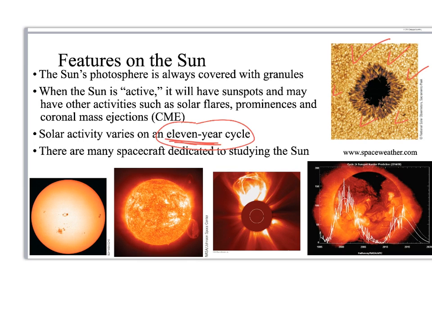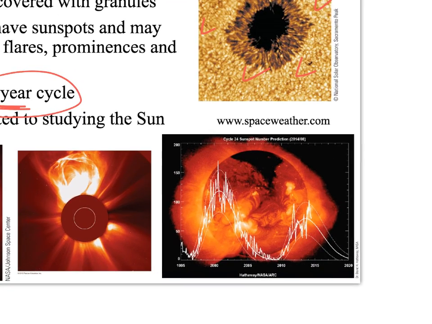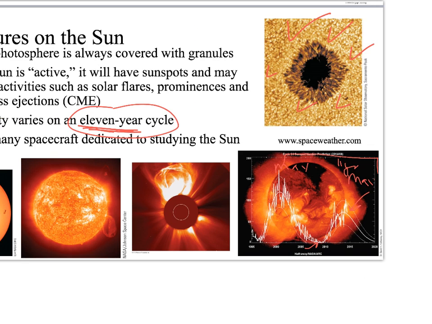When it's blank, we call that a solar minimum, and I'll draw your attention to this little figure. So this would be solar minimum. This is kind of where we are. If we have lots of sunspots, it would be up here, and this is what we call a max. So from max to max, you're looking at, in general, 11 years. And from min to min, you're looking at an 11-year cycle.